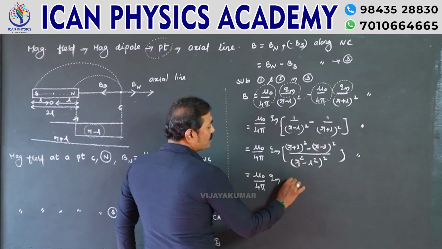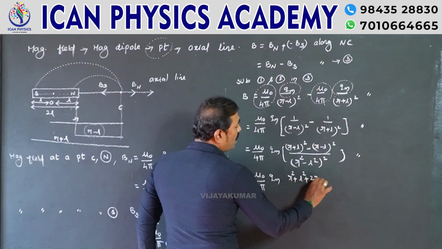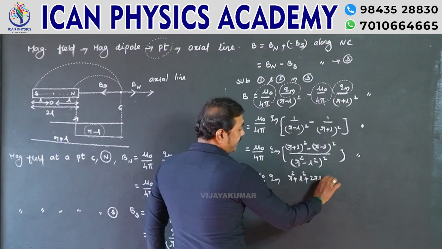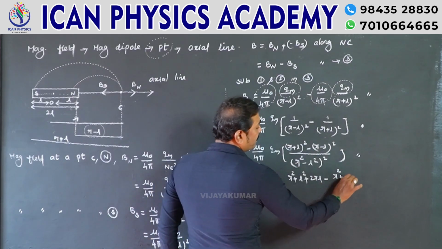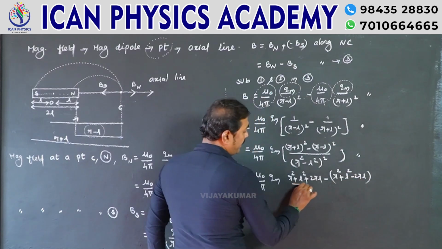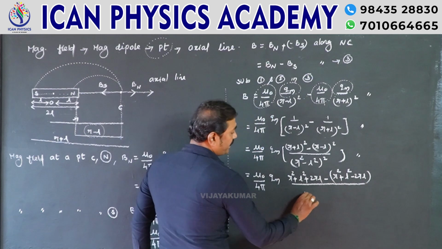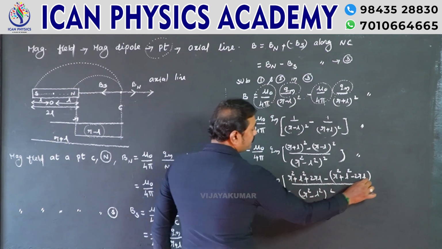அப்ப a plus b the whole square, r square plus l square plus 2rl, minus a minus b the whole square, r square plus l square minus 2rl, divided by r square minus l square the whole square.